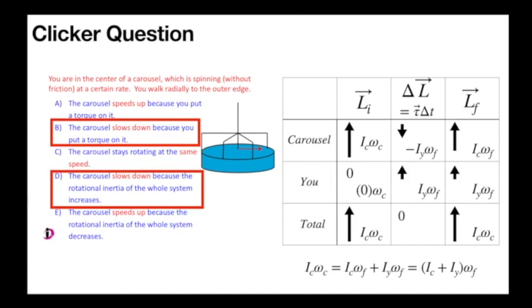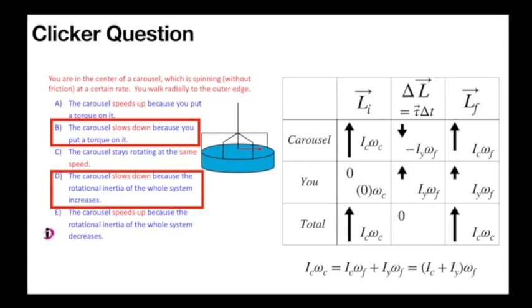But I would say that we do put a torque on the carousel too. That's also valid. Why? Well, if you look at this middle column, what causes changes in momentum, or angular momentum? Torques applied over time. So because these two columns are equal and opposite, but because there's a change in momentum of us and the carousel, that means that we applied equal and opposite torques on each other.